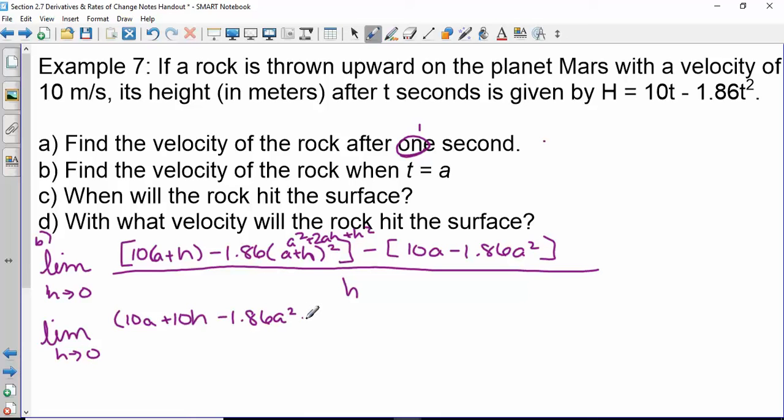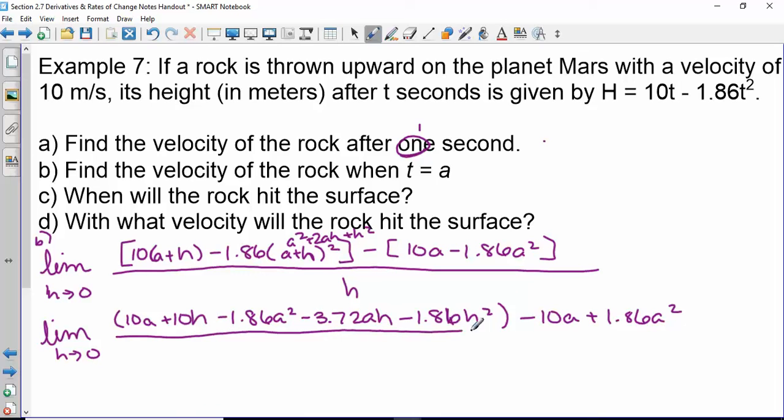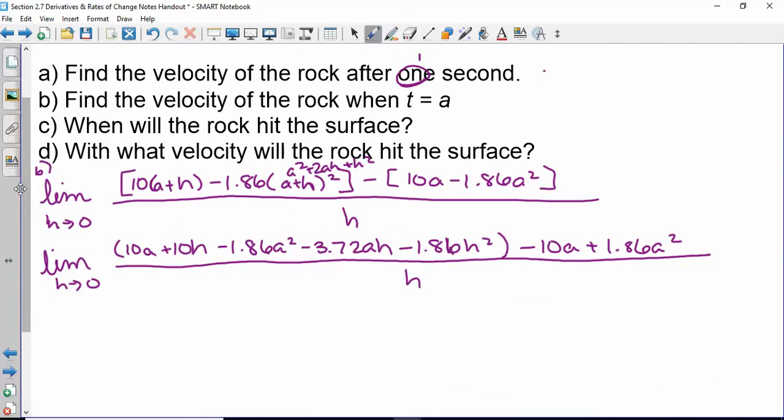So negative 1.86 a squared minus 3.72 ah minus 1.86 h squared. Okay, minus 10a plus 1.86 a squared, all over h.